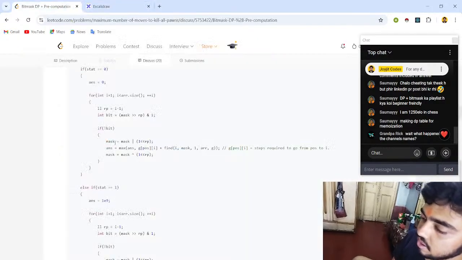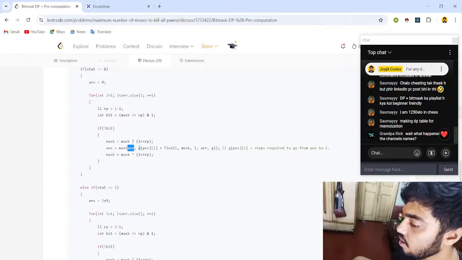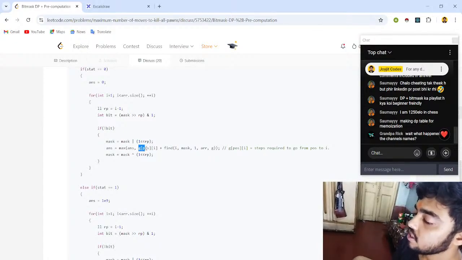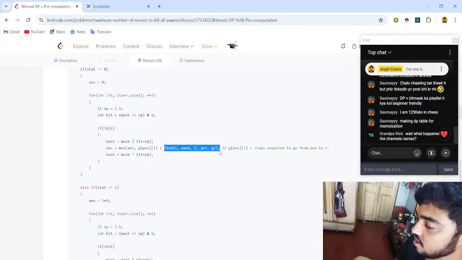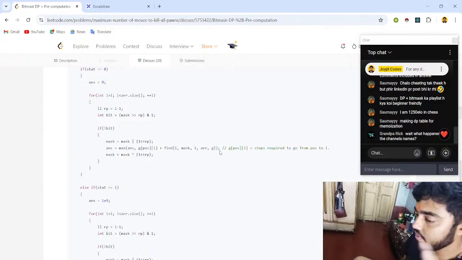Clear? Now what is going to be the answer? Answer is going to be the maximum of whichever is the answer, or we can find the g of position of i, the present position, and then find from i, mask to 1, comma arr of g, that is we are going to find recursively for the remaining positions, right?